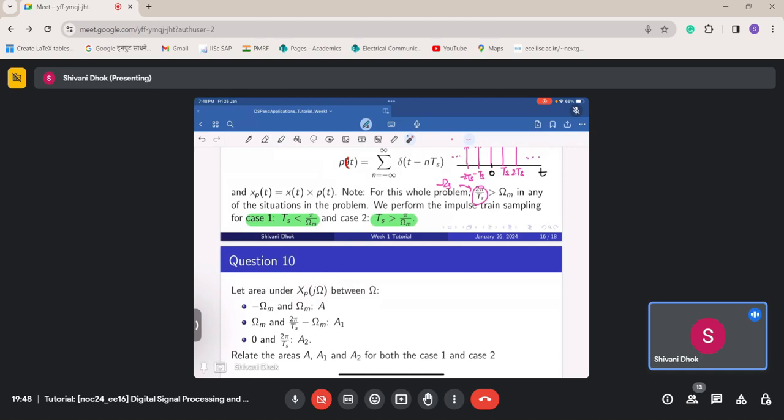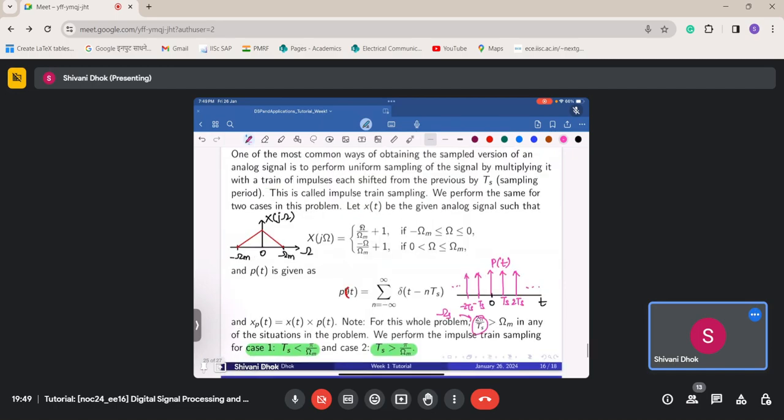They have given area definitions. The area under Xp(jω) between minus ωm and ωm is A1, and between ωm and 2π/Ts, which is simply ωs, so this quantity is ωs minus ωm, and this quantity is simply ωs. From ωm to ωs minus ωm is A1, and 0 to ωs is A2. What we need to do is find the relation between the areas A1 and A2.